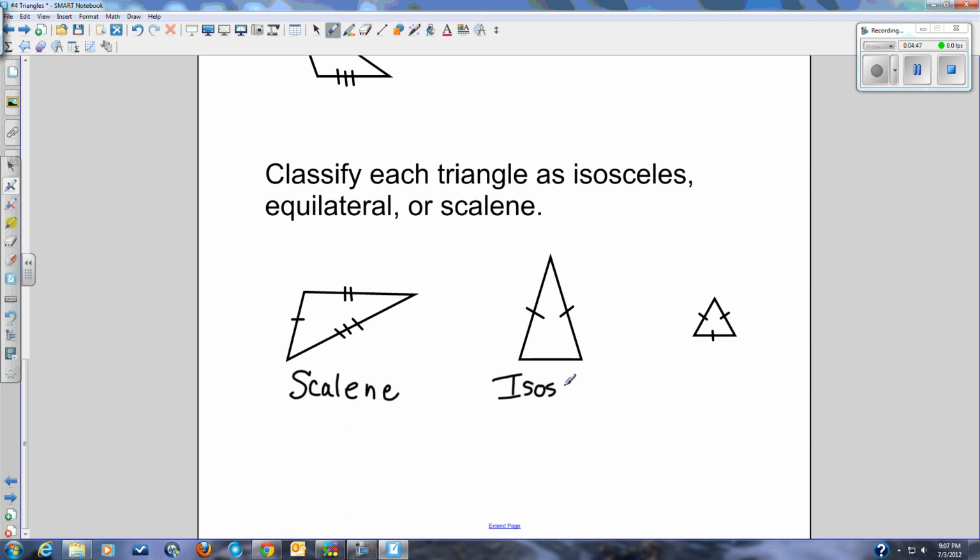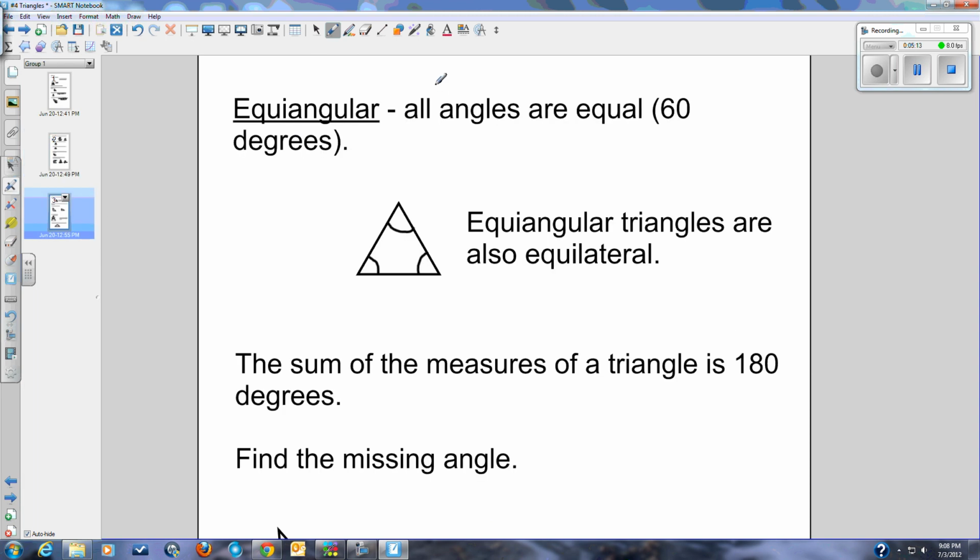So we know that that one must be isosceles. And in the third one, all sides are the same length. So that one must be equilateral. Let's move on to the next page.